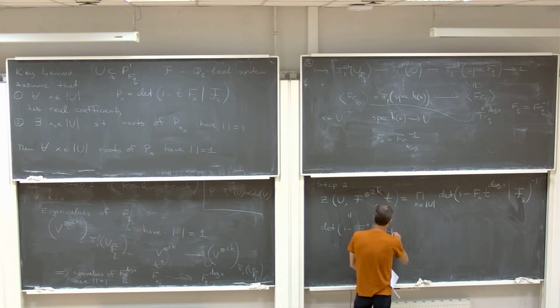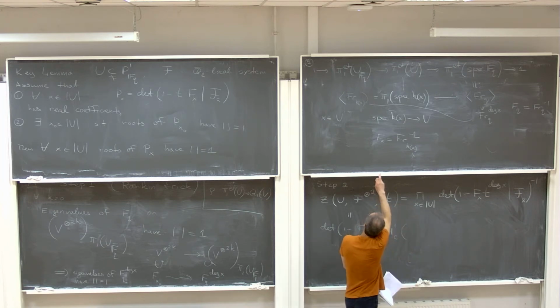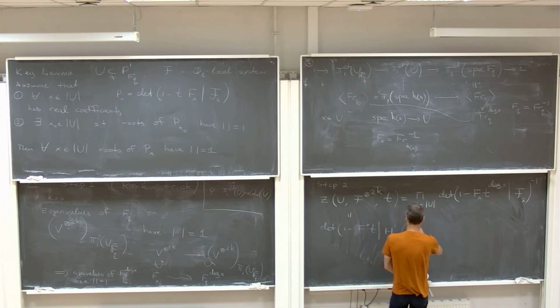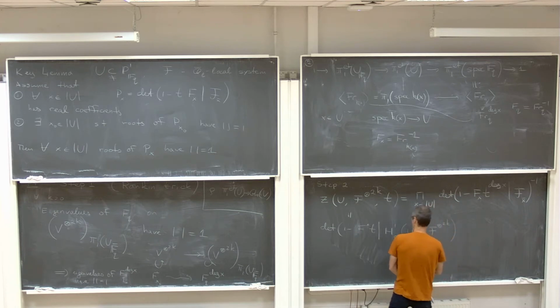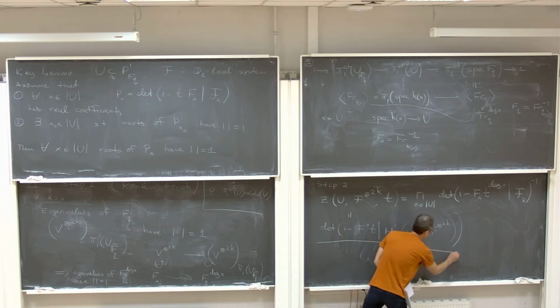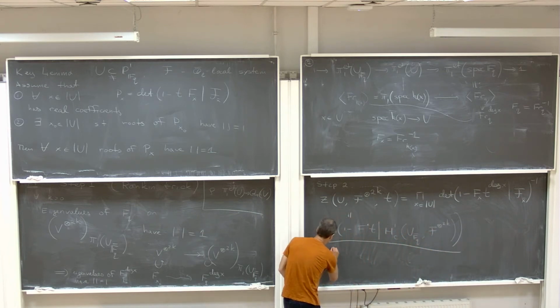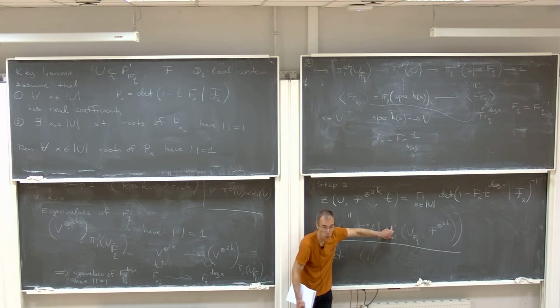So on H1 with compact support, we have a curve, right? So we have only H0, H1, and H2. So this is F, and this is the numerator. And the denominator is the product of the contribution from H0 and H2.